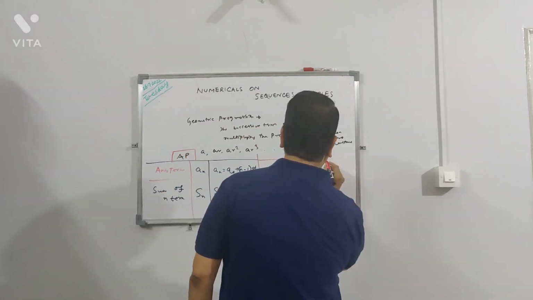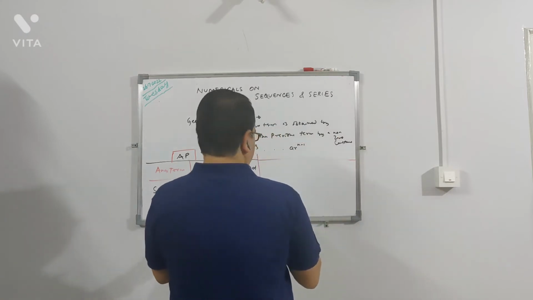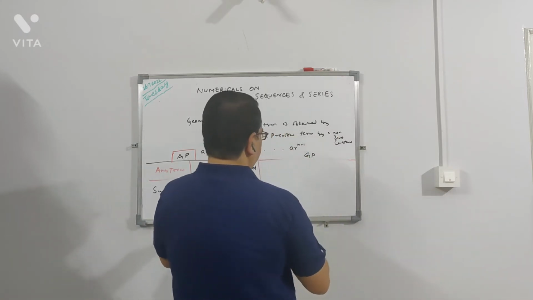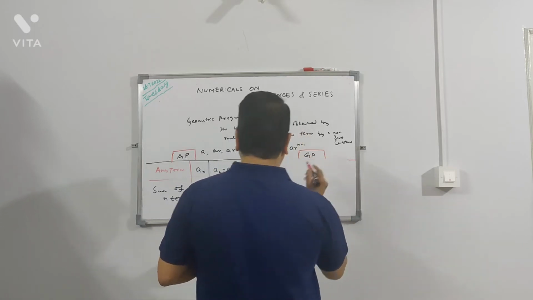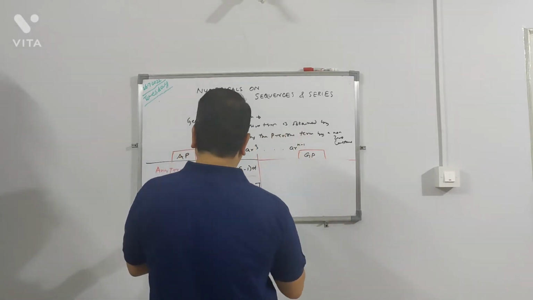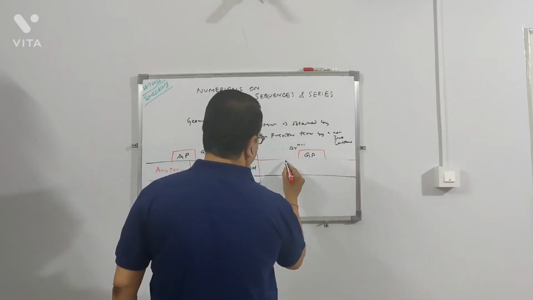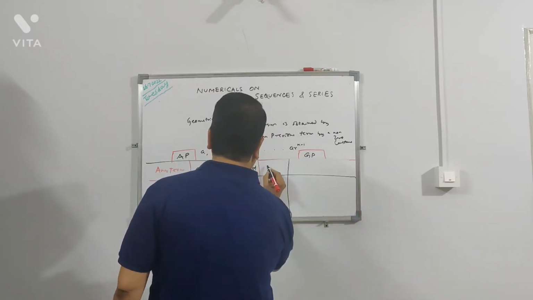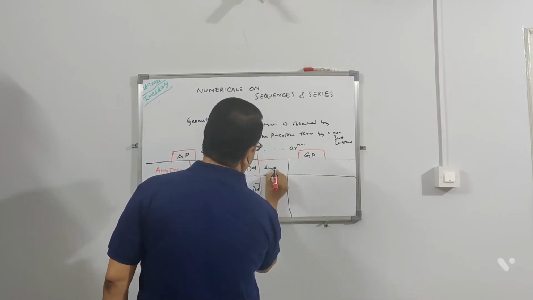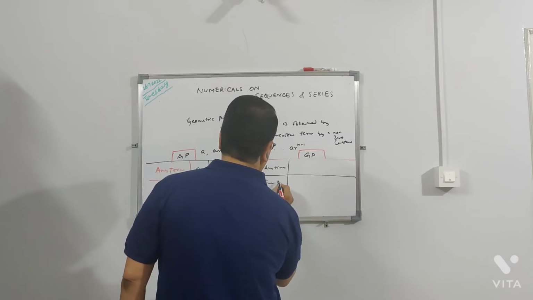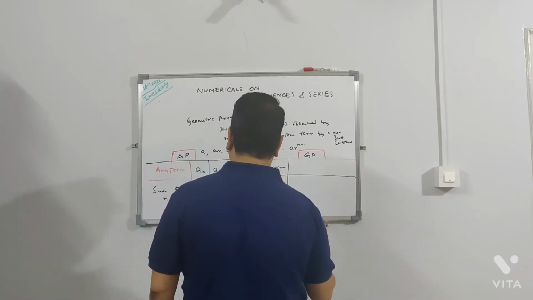Similarly you have GP, that is your geometric progression. Okay, so what are the formulas valid for GP? Here you write any term, and then the sum of n terms.